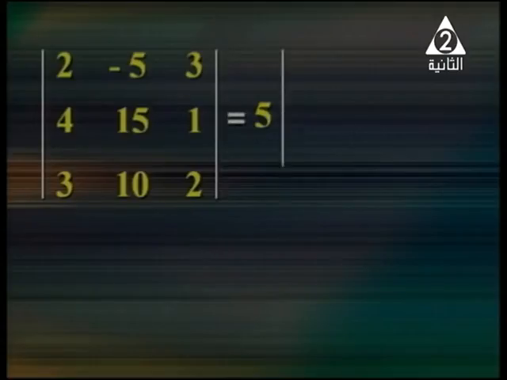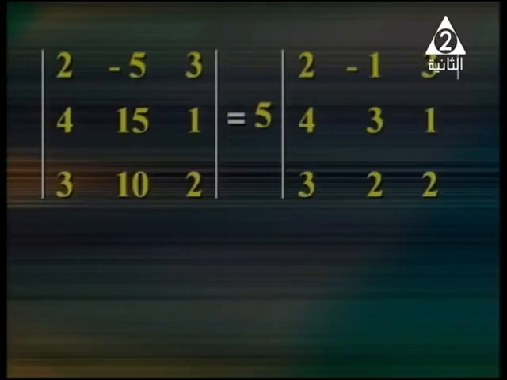It equals 5 multiplied by the new determinant 2, negative 1, 3, 4, 3, 1, 3, 2, 2. Why? Because we take 5 as common factor from the second column.